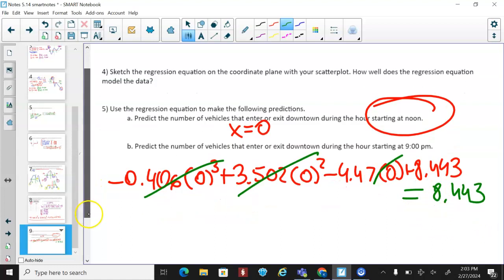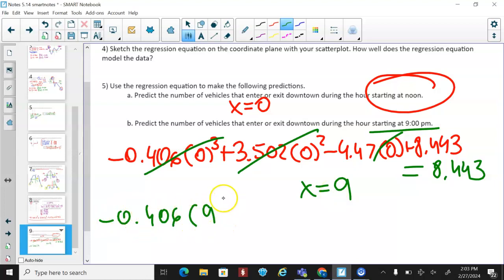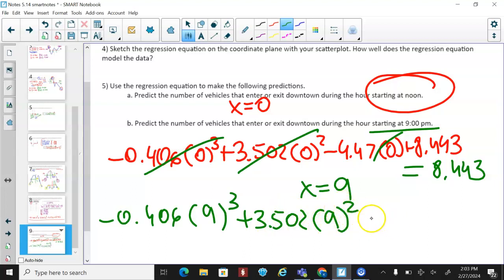Now B says predict the number of vehicles to enter or exit downtown during the hour that starts at 9. So again, x will now equal 9, so we're going to plug in 9. Negative 0.406 times 9 cubed, and then plus 3.502 times 9 squared, and then minus 4.47 times 9, plus 8.443.